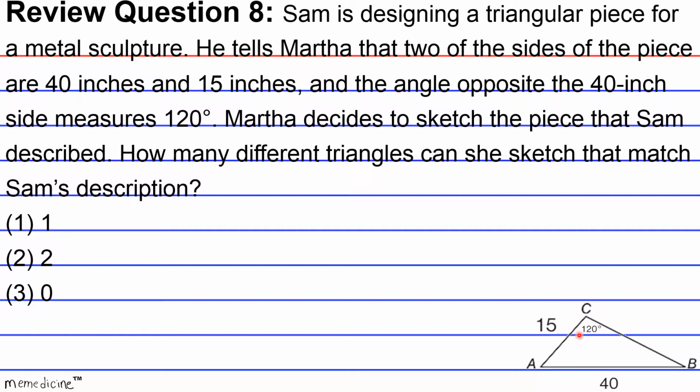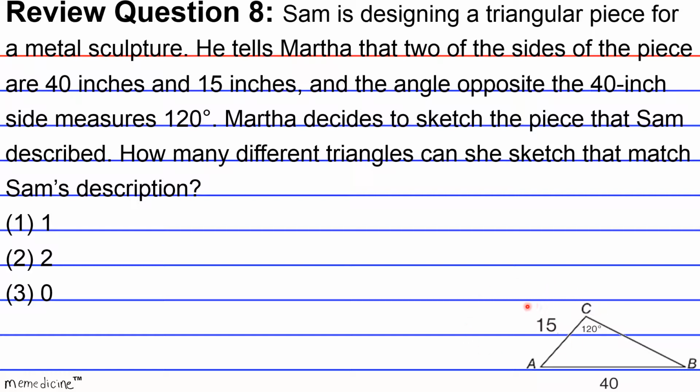Then what we're going to do is attempt to figure out how many triangles can be formed. And it's important to know that if this information is given, two sides and one non-included angle, and when I say non-included, I mean that the angle isn't sandwiched between the known sides, then either 0, 1, or 2 triangles may be drawn to fit the given data.